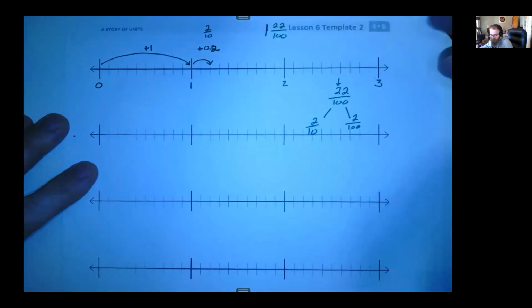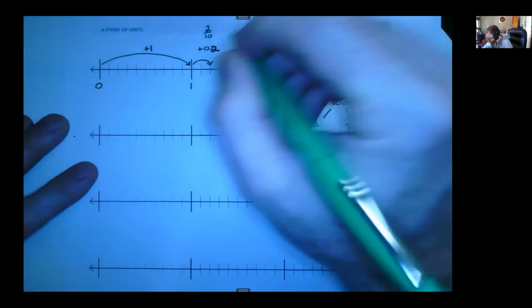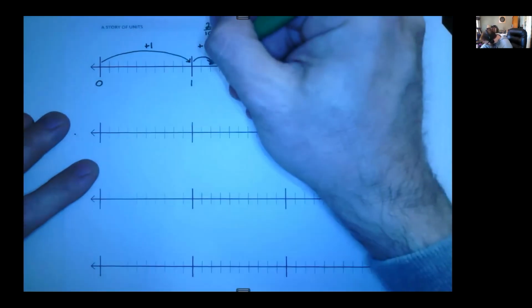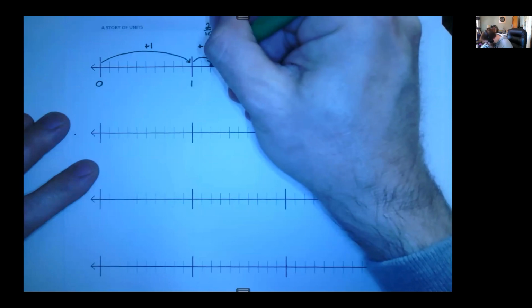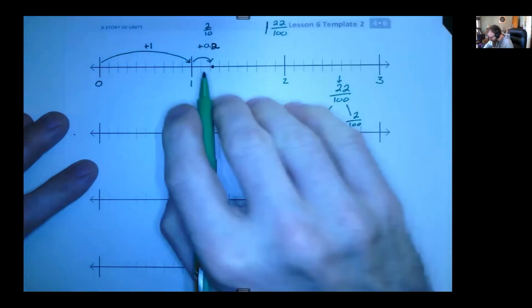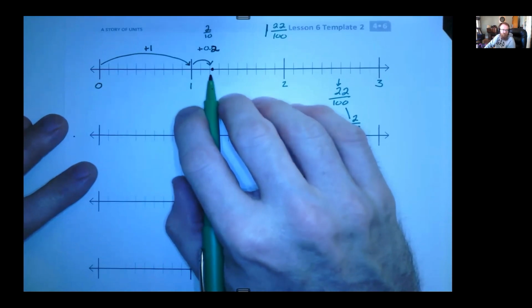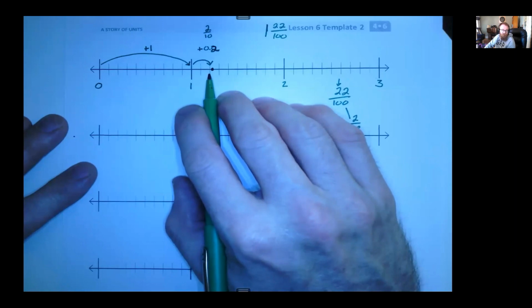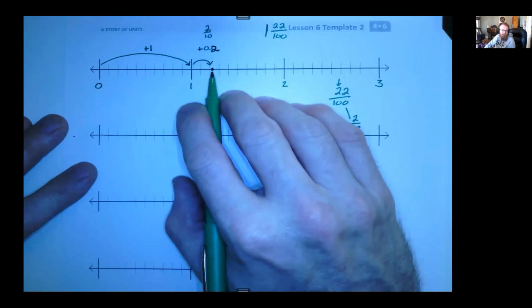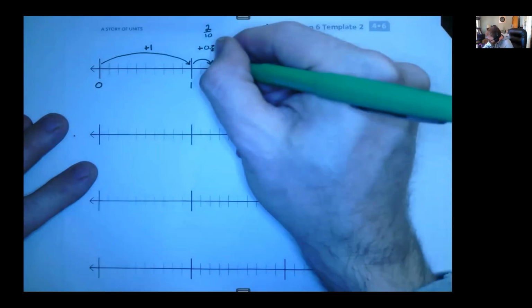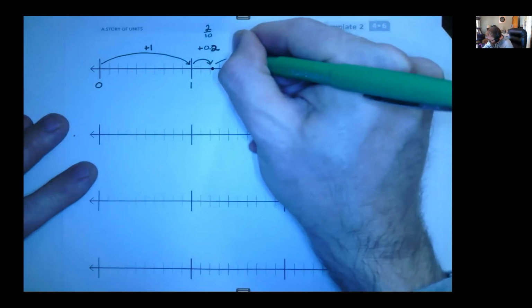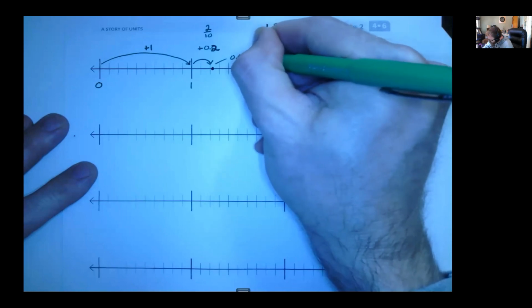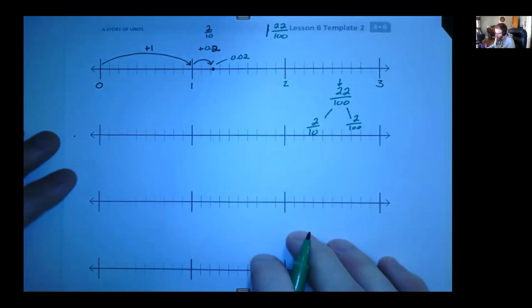But if I tried to mark them right now with my marker, and even if you tried to do it in pencil, it's going to be very hard to read. But we know that 2 tenths, or excuse me, 2 hundredths, if we visualize there being 10 lines, we can find a spot that is clearly more than this line that represents 1 and 2 tenths, and we will mark it as 0.02, 2 hundredths.